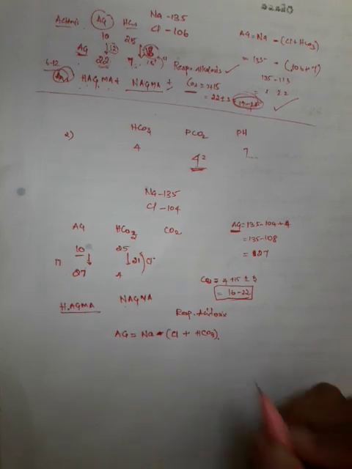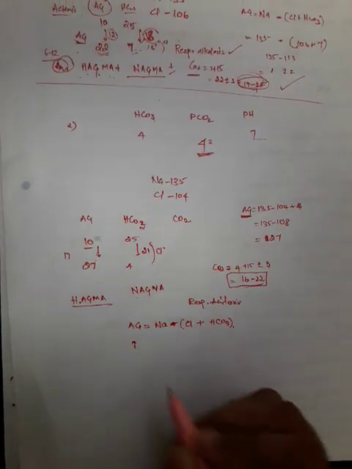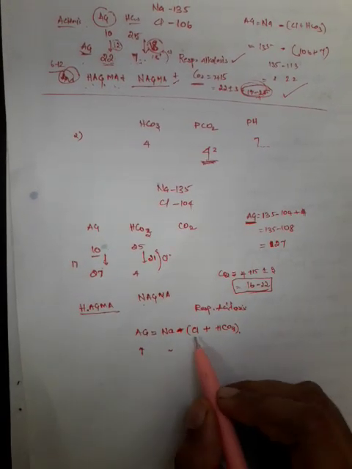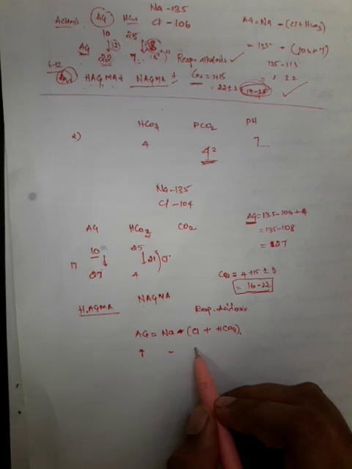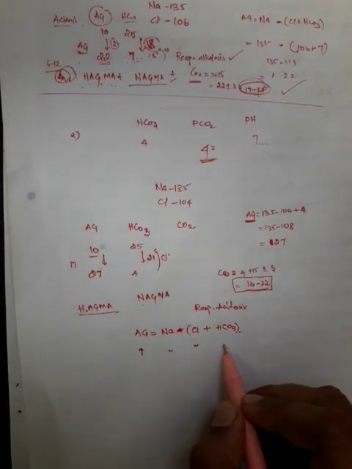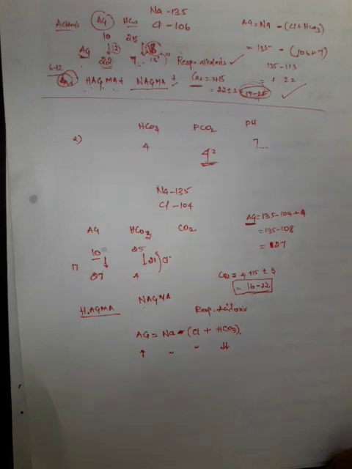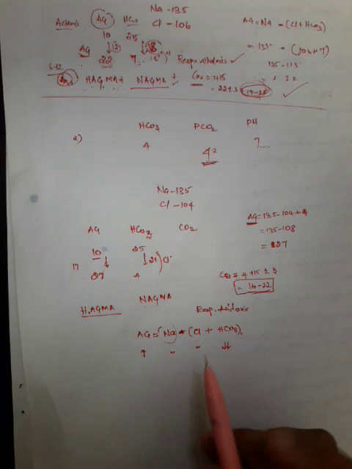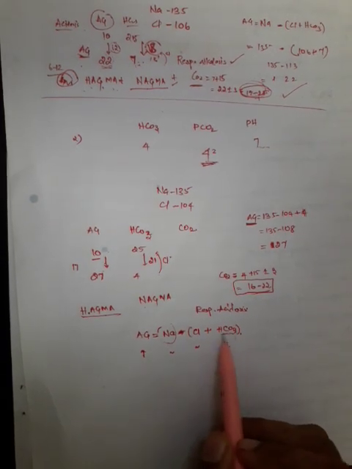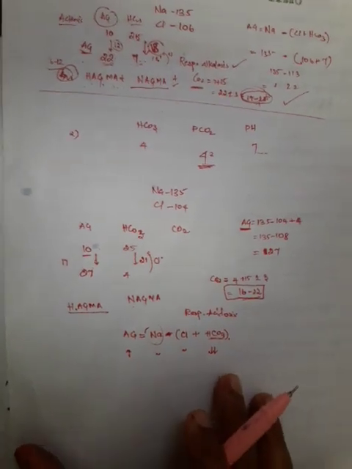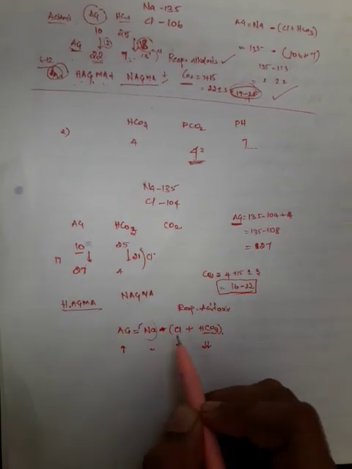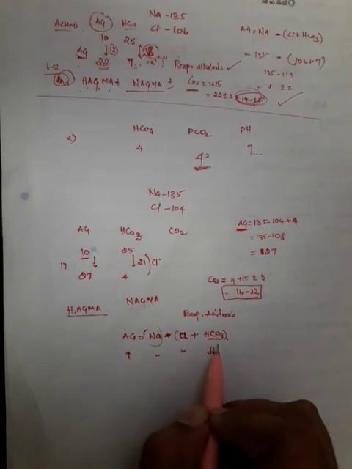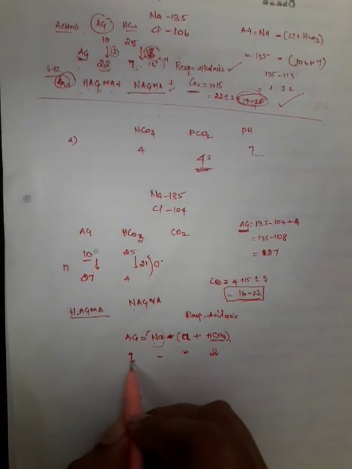If the anion gap is increasing, sodium is neutral and chlorine is normal, but bicarbonate is decreasing, so the anion gap will be high.